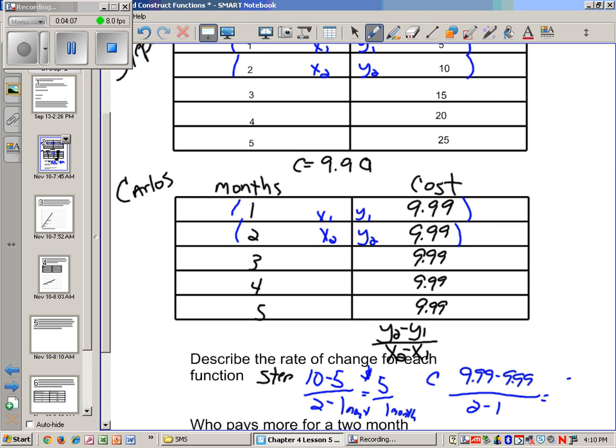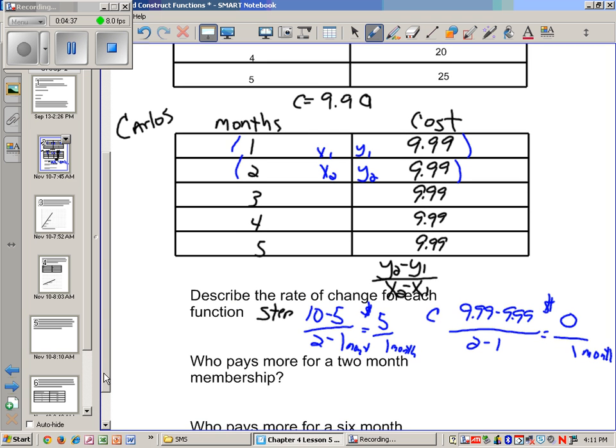So $9.99 minus $9.99 is 0 over 1. So basically we have no cost change per month for Carlos. Okay, the rate of change, or slope, is per unit cost: $5 per month for Stephanie's membership. Carlos has no cost change per month.